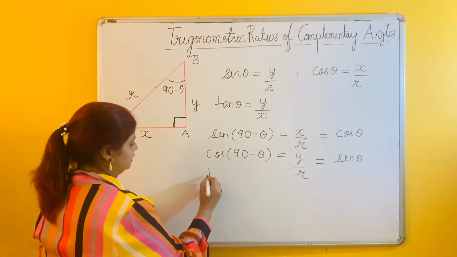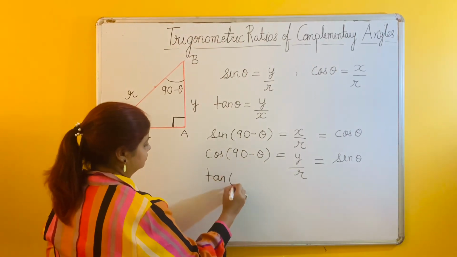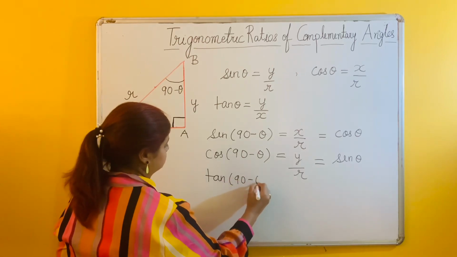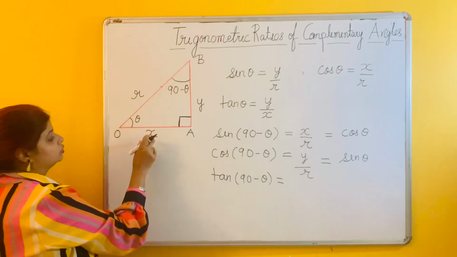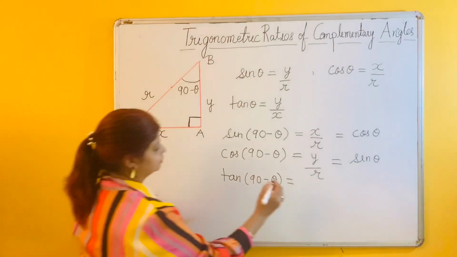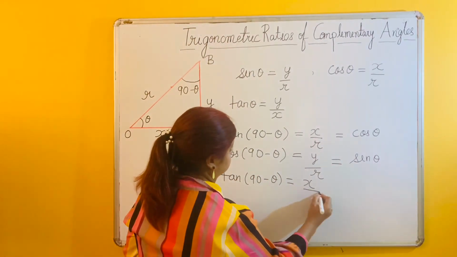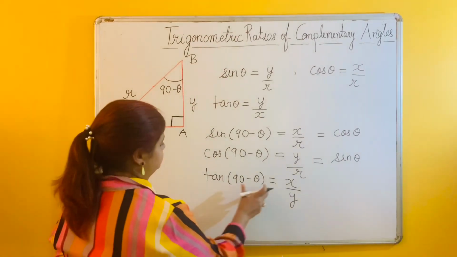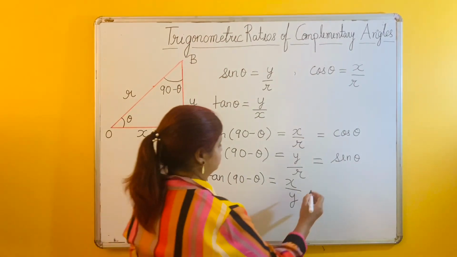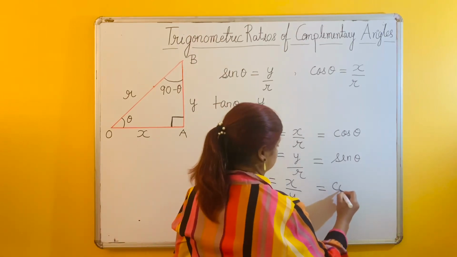Similarly, tan 90 minus theta will be x by y, which is nothing but cot theta.